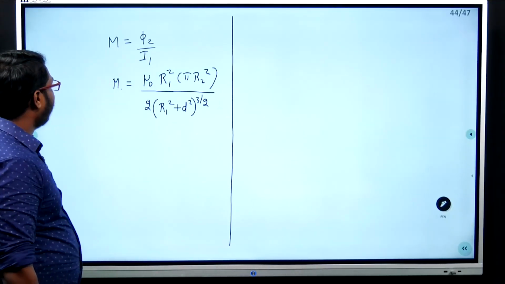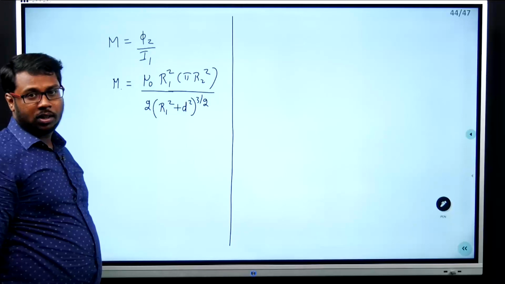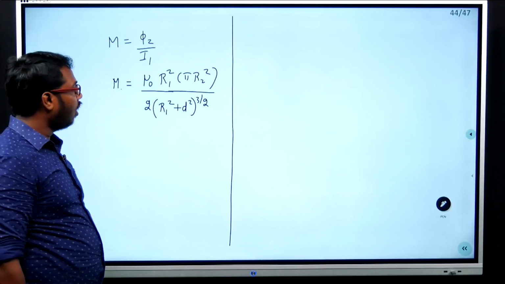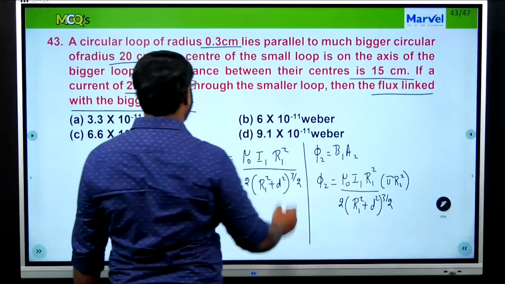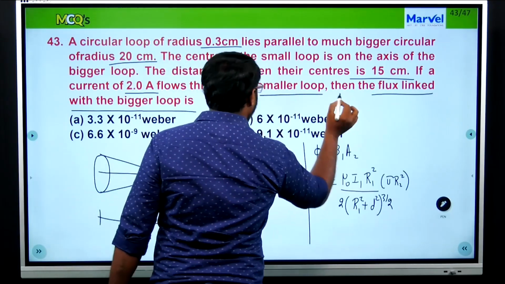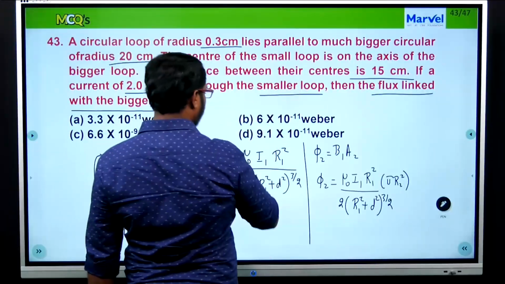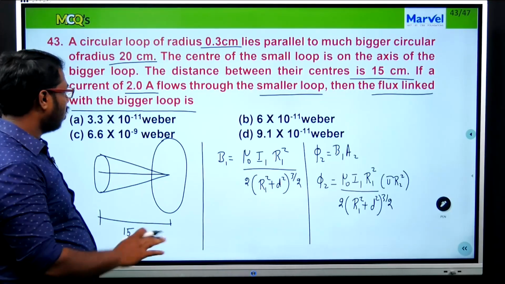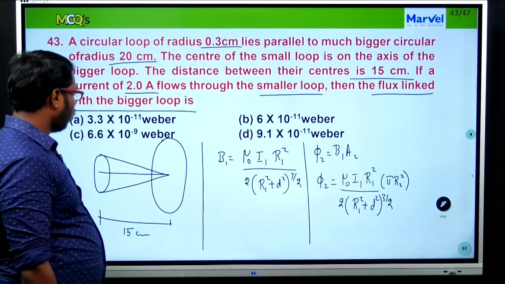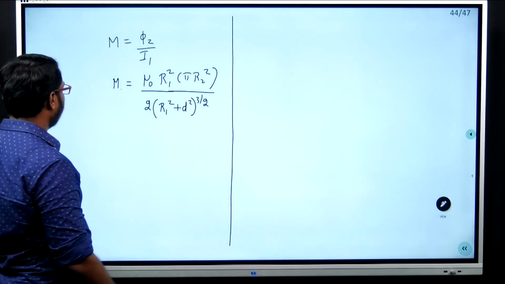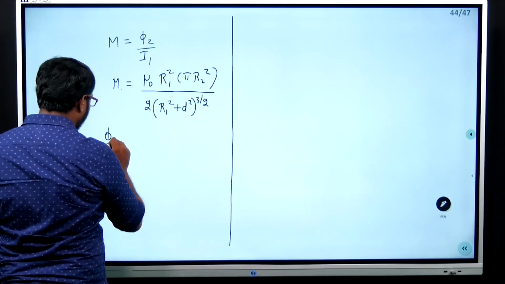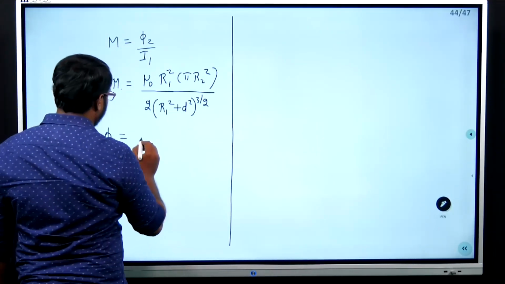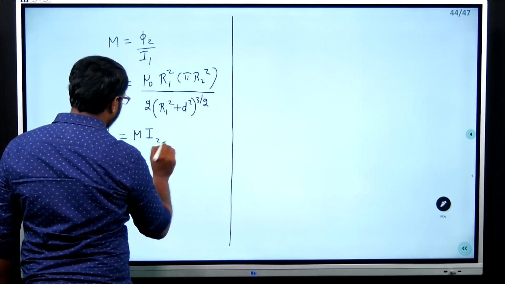Now what we are interested in finding is the flux linked with the bigger loop, since we have already found the flux linked with the smaller loop. So now listen very carefully. Phi 1 is equal to M into I2.